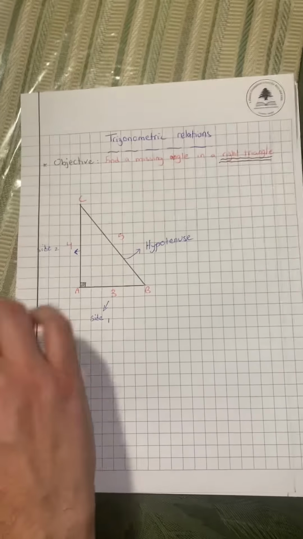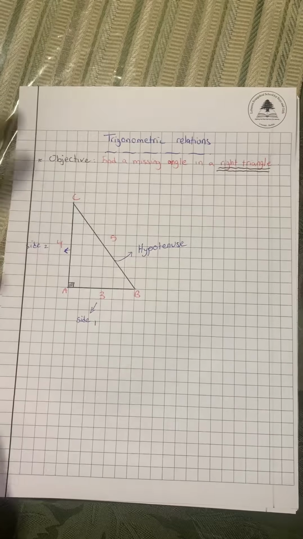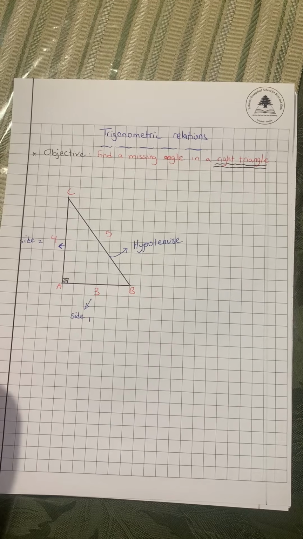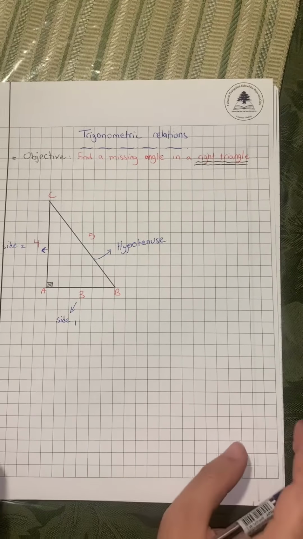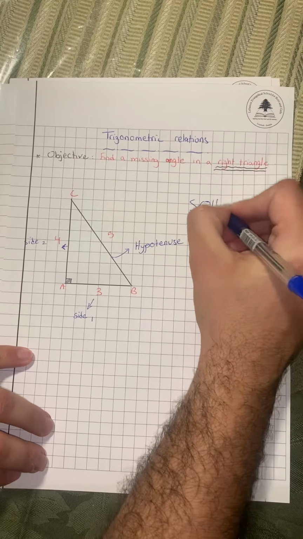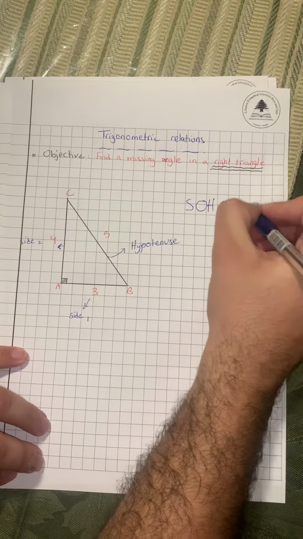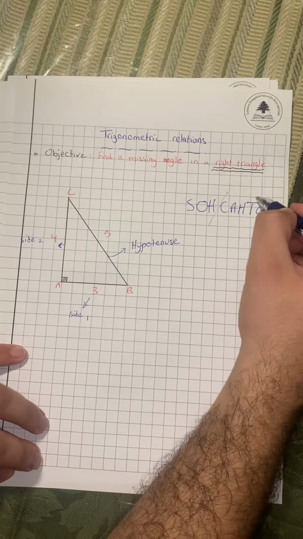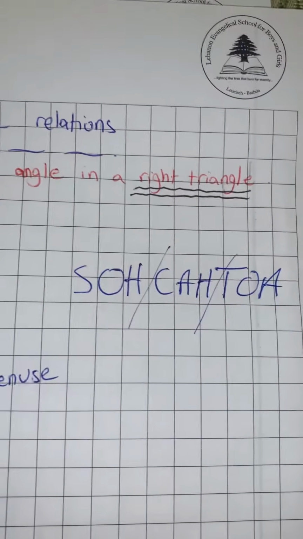Now, this chapter is summarized by a weird term that we call SOHCAHTOA.